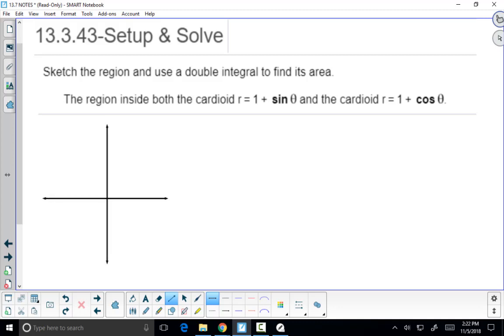The first question is, let's make sure we know how to graph our cardioids. So remember that you have a cardioid whenever these coefficients match. The coefficient that's by itself, the constant, has to match the coefficient of sine or cosine. So it's going to be a cardioid if you have something like 5 minus 5 sine of theta, or 4 plus 4 cosine theta.